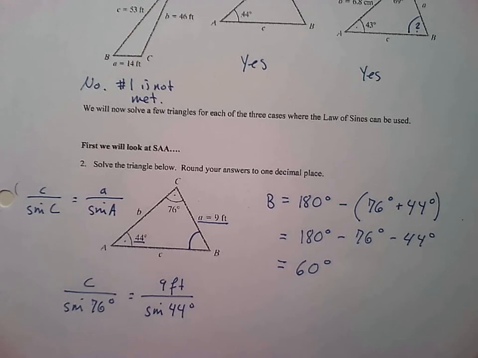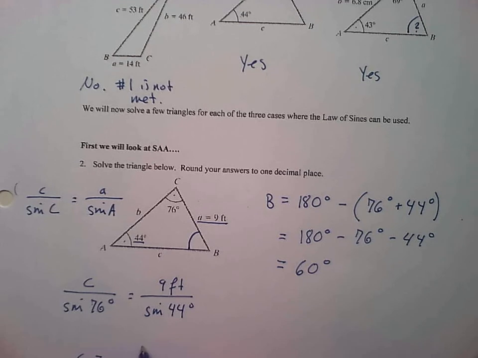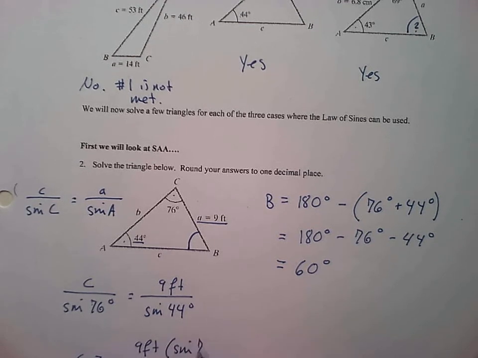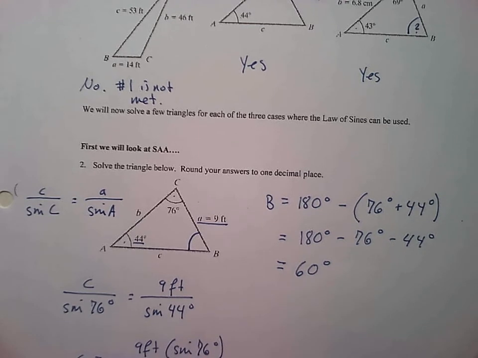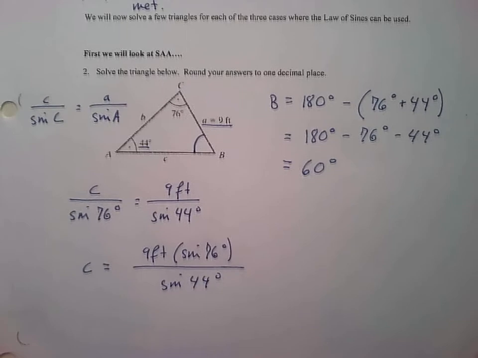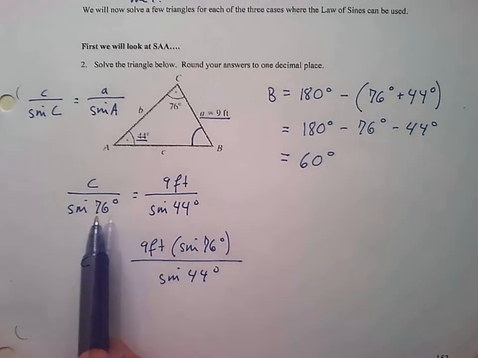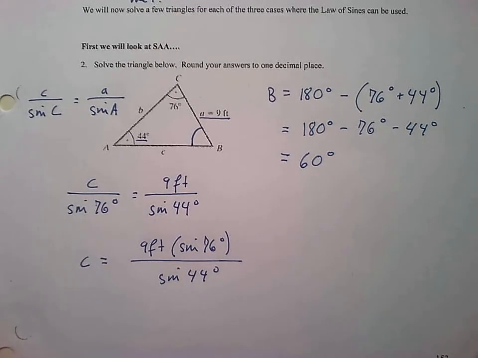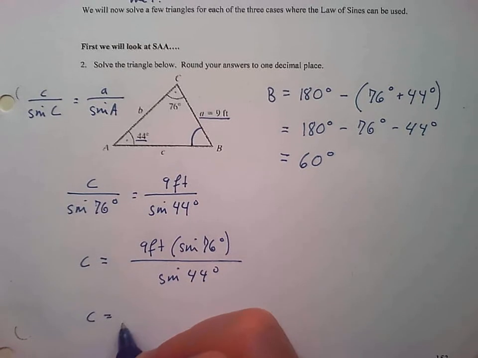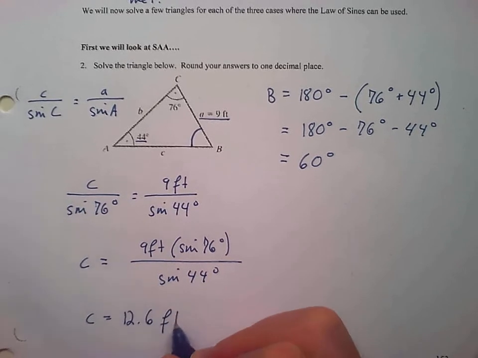We can now solve for C. If we solve for C, we get that C is equal to 9 feet times the sine of 76 degrees divided by the sine of 44 degrees. Let me scroll up a little bit here. I'm just multiplying both sides by the sine of 76 degrees. And using your calculator, if you punch this in, you'll see that C is equal to 12.6 feet.